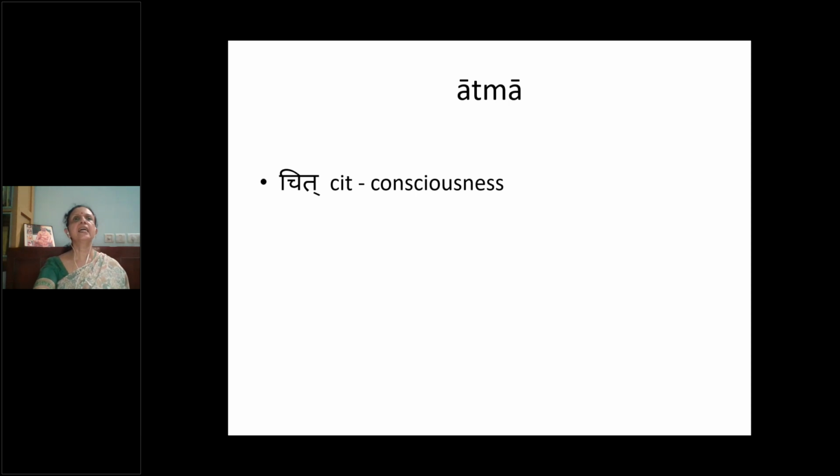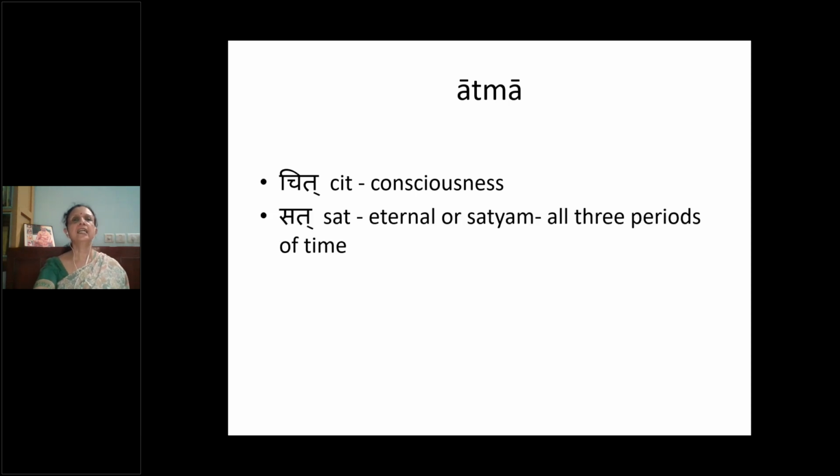And the second aspect is that it is Sat, eternal or Satyam. What does this mean? We have seen that consciousness does not die when the body dies. It is eternally present. It was present in the past, it is present now, and it will be present in the future also. The body arrives and departs, but not this consciousness. In Sanskrit, whatever is eternal is called Sat or Satyam.